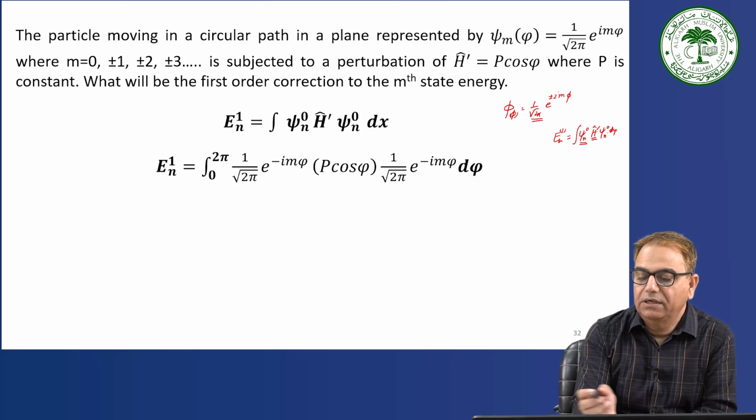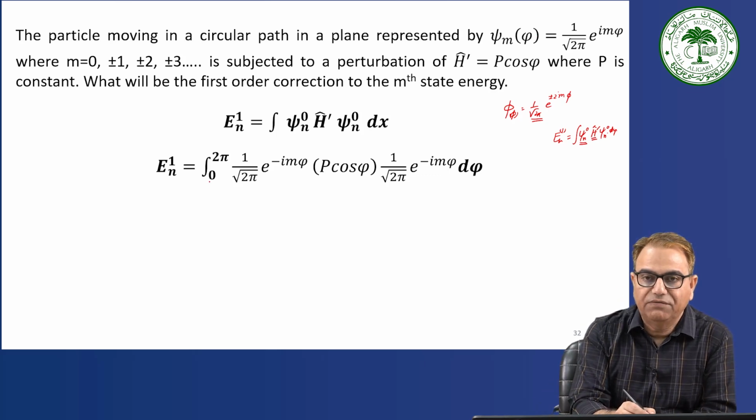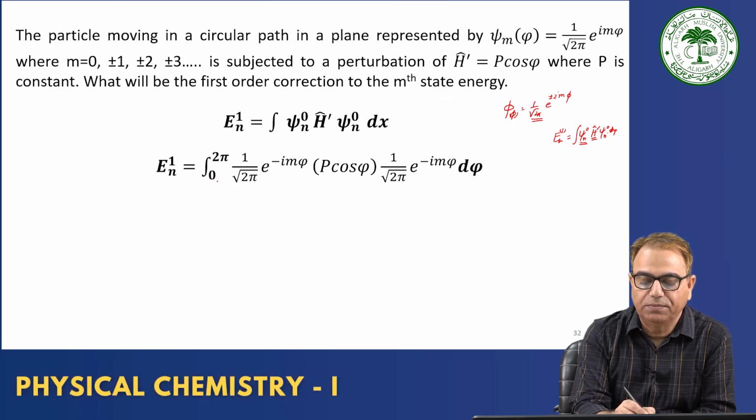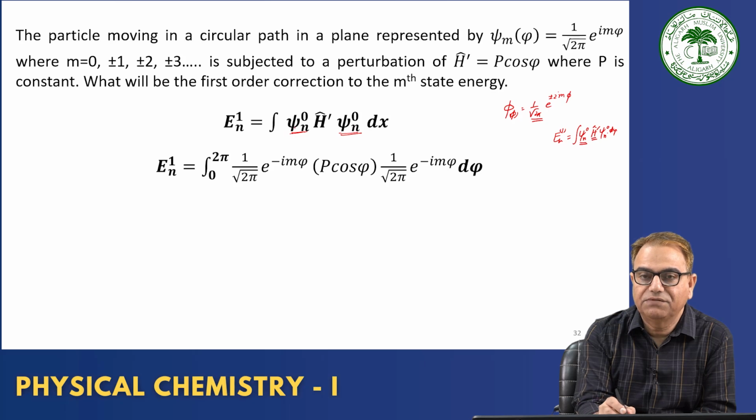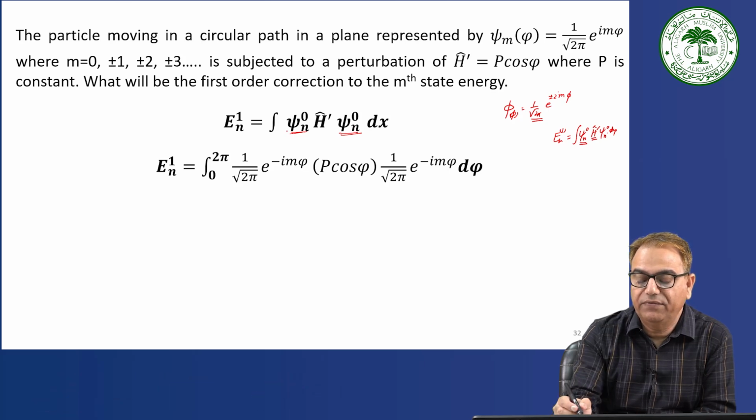Now see, the variable is phi, and it varies from 0 to 2 pi, so the limit of the integral will be 0 to 2 pi. We have 1 by root 2 pi exponential minus i m phi, then p cos phi as the perturbation, then 1 by root 2 pi exponential i m phi. If the wave function is real, that's fine, psi n naught, psi n naught. If the wave function is not real, then the first one is the complex conjugate of psi n naught.